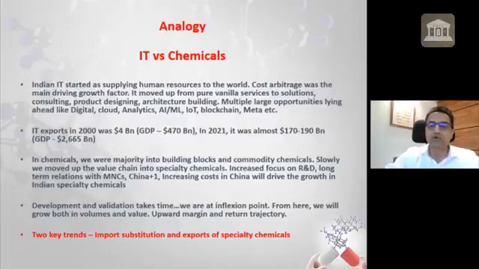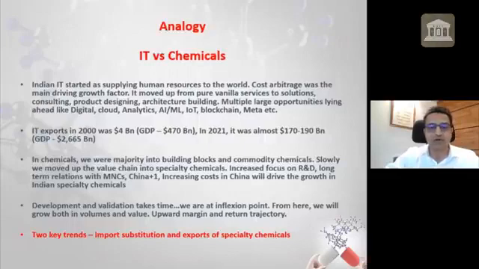And there are multiple large opportunities lying ahead in the future, like digital, cloud, analytics, artificial intelligence, machine learning, IoT, blockchain. If you look at IT exports in 2000, it was just $4 billion compared to a GDP of $470 billion at that time, so hardly 1%.